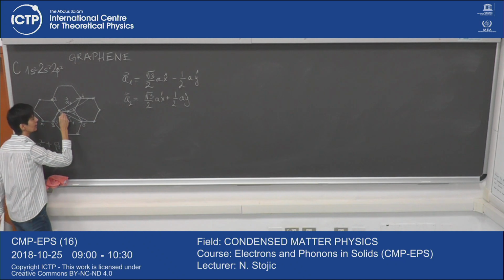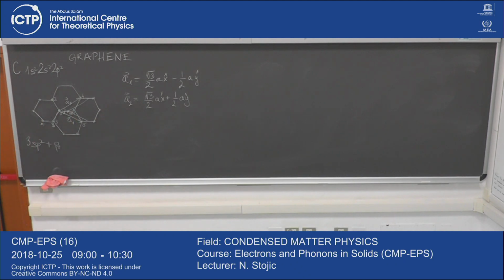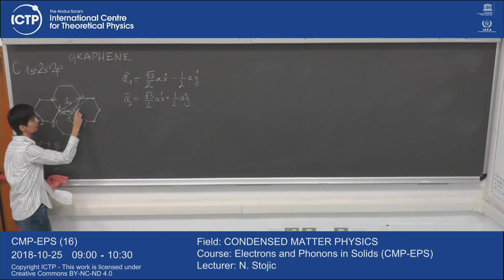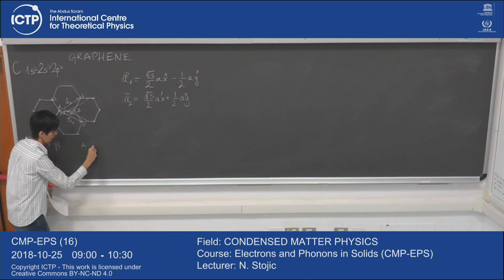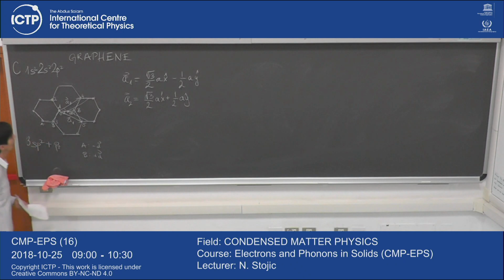And I call this minus D and plus D. So the atom A will be at minus D, the atom B at plus D.